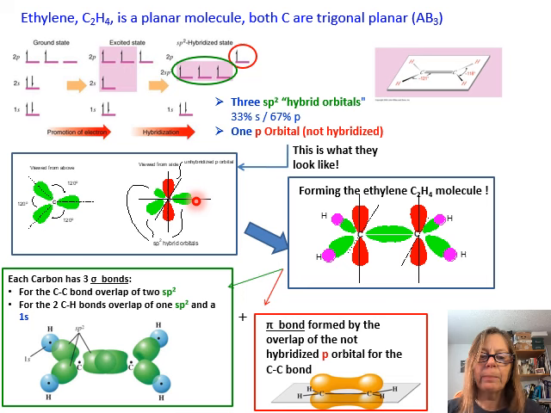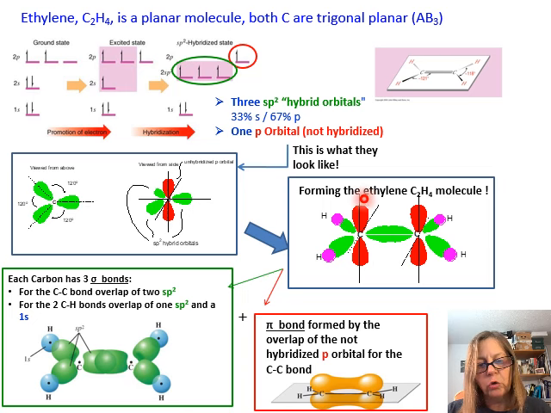So when we look at the bonding in ethylene, each of the sp2 hybrid orbitals is going to be forming a sigma bond. 2 sigma bonds with the hydrogens overlapping with the 1s orbital. And the third sigma bond is formed from the overlap of the sp2 orbital of one carbon with the sp2 orbital of the other carbon.